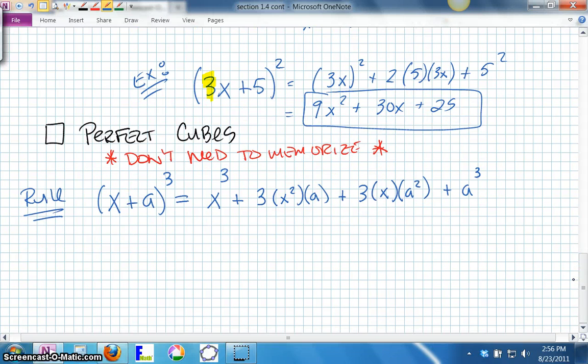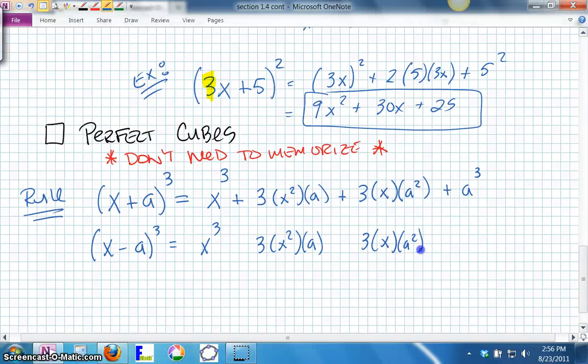And let me quickly give you x minus a all cubed. What I'd like you to do is rewrite the exact same thing you just did, except leave the signs out. So x to the third, and then 3x squared times a, and then 3x times a squared, and then finally an a cubed.